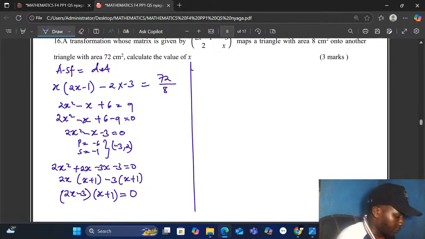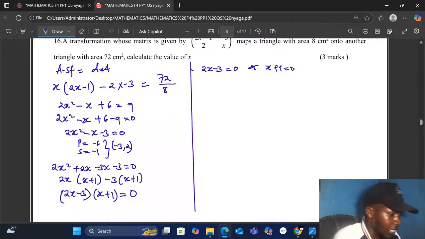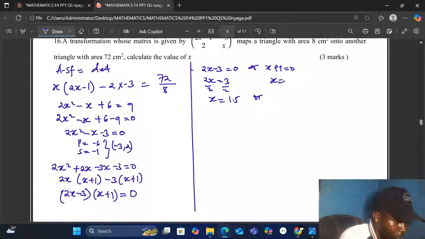So we have 2x minus 3 is equal to 0, or x plus 1 is equal to 0. So 2x will be equal to 3, so x is equal to 1.5, or x is equal to negative 1.